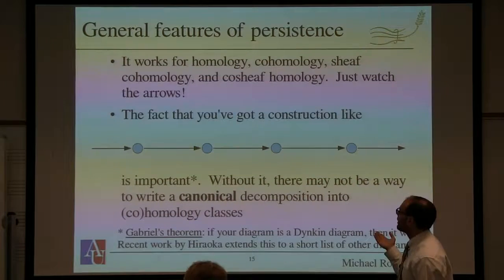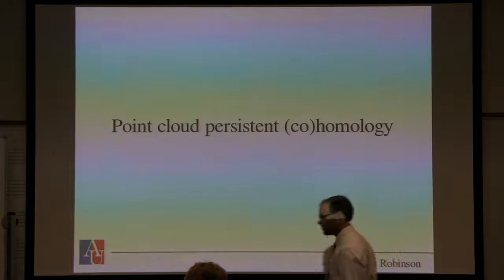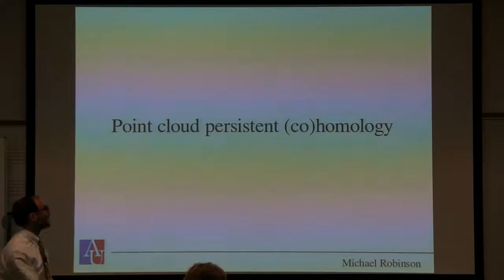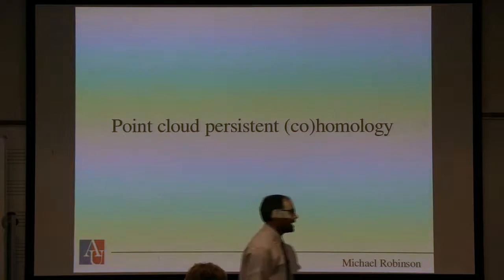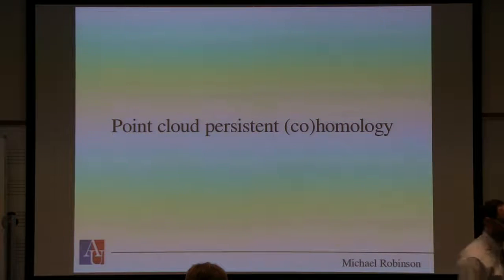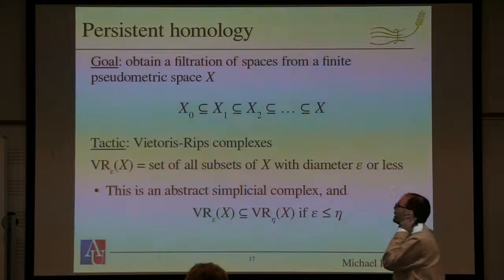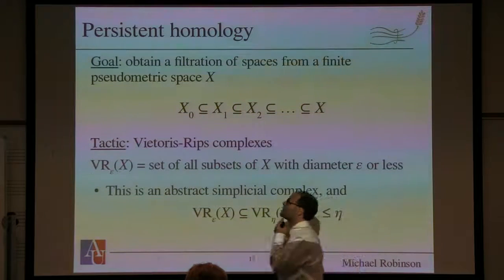Okay, so let me talk about how this sort of thing works from the standpoint of homology. And this is usually done through the point of view of point clouds, usually using Vietoris-Rips complexes. And so it's kind of handy in that regard to think about this physically. So what you tend to do is take a sequence of spaces, in fact, take a filtration of spaces.